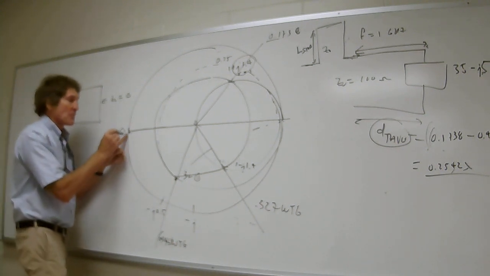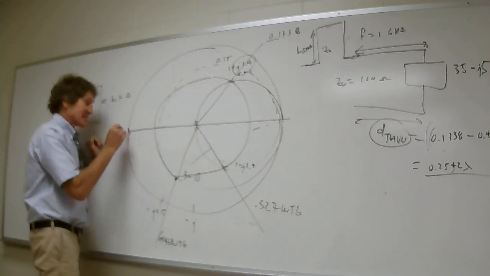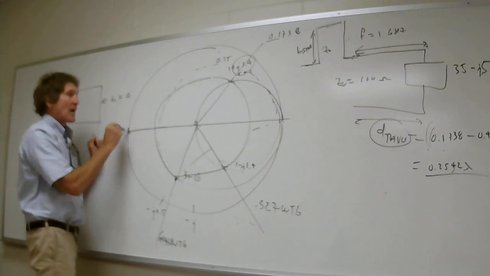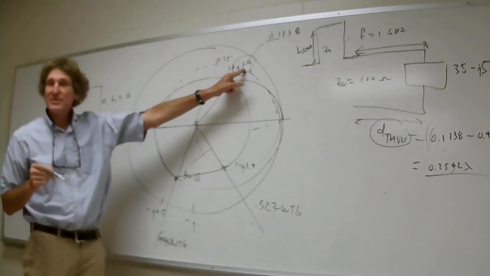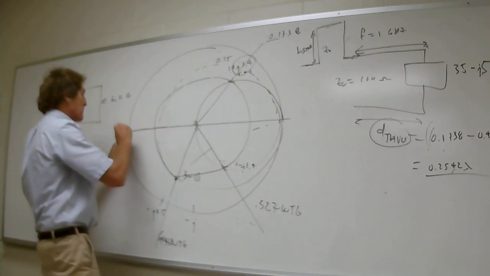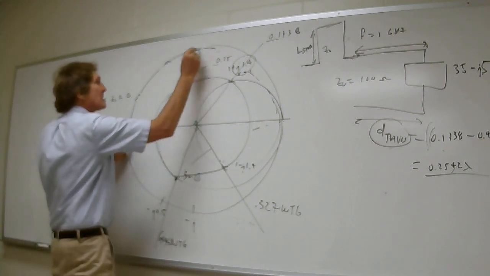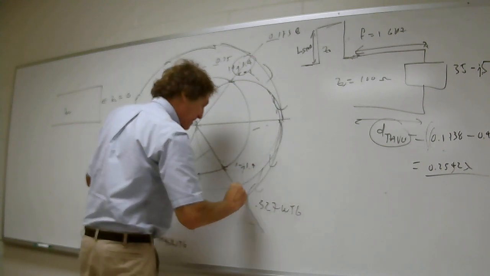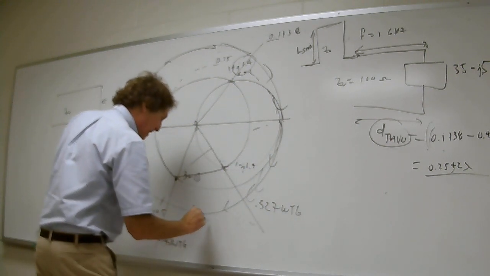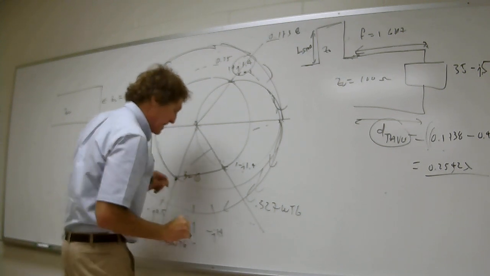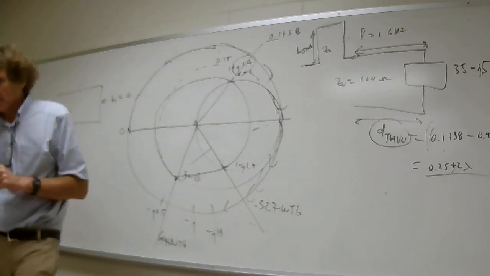Now, when you move, this is the distance. You would literally put a circle on a circle. It's on the outer rim. Now you're going to move. How far are you going to move? Until you get minus j1.4 on the outer rim. You all hear me? So you're going to move this far. You're going to keep moving here. Don't even have to make a circle until you come down here, and somewhere about here is going to be minus j1.4. Take a look at that. Can you all find that?